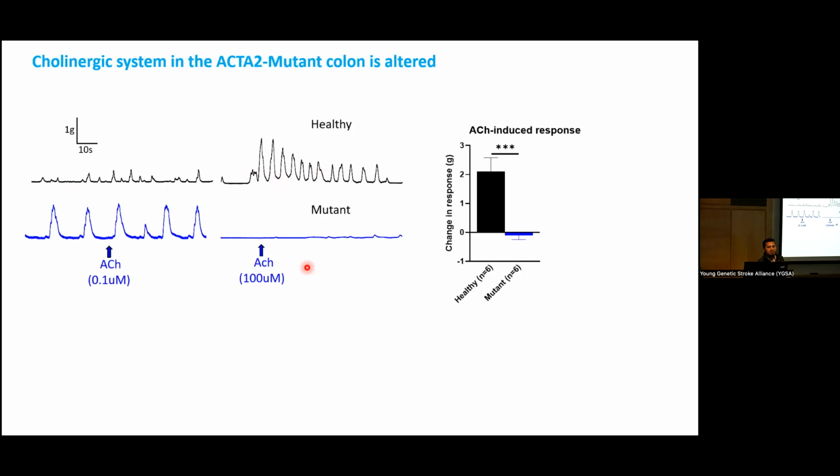But in these mutant mice, somehow they lost even the normal contractility of their smooth muscle. So we believe the neuron may be okay, but the neurotransmitter that should bind with the receptor on top of the smooth muscle cells, maybe something is wrong there. That's why we can't see any function after adding the neurotransmitter to the bath.